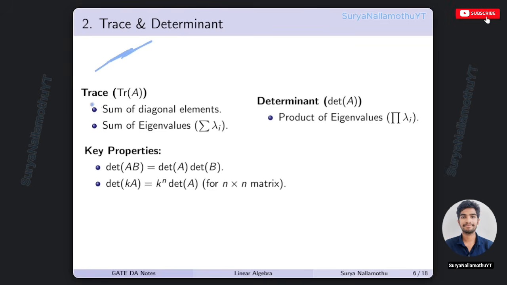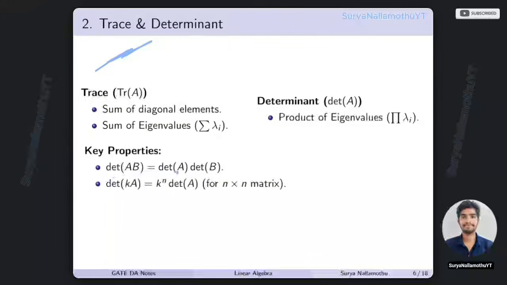First, the trace of A is the sum of diagonal elements, or the sum of eigenvalues. The determinant is normally found directly, but the product of eigenvalues is also the determinant of the matrix. By remembering these points, you will definitely get a question in the 2026 exam.